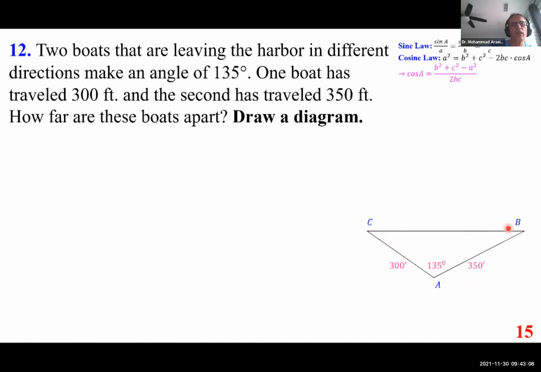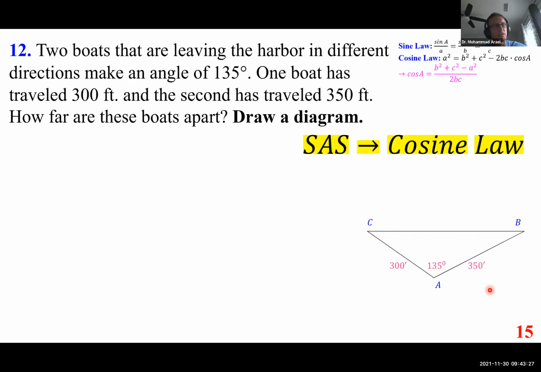So look at the given here and the diagram. They must agree. So first understanding the question, then more importantly, coming up with the proper diagram, or it doesn't work, we need to use the cosine law. Again, it's SAS, side, angle, side, and cosine law is in order.